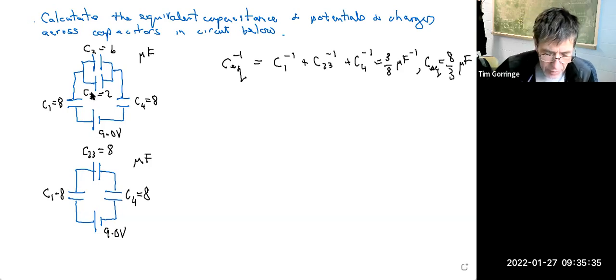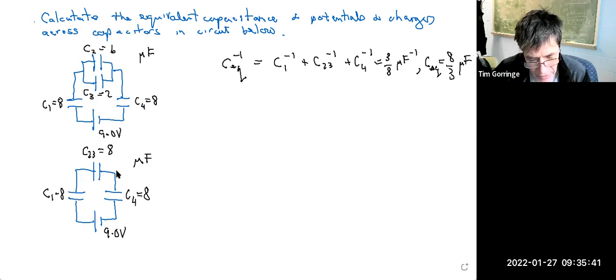So in this particular case, our equivalent circuit contains three equal capacitors. They're each 8 microfarads. They're each identical capacitors. If you apply a voltage across 3 identical capacitors, they're going to share that voltage.